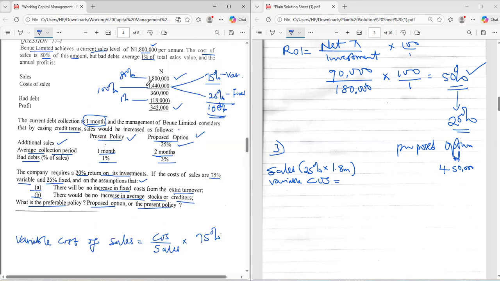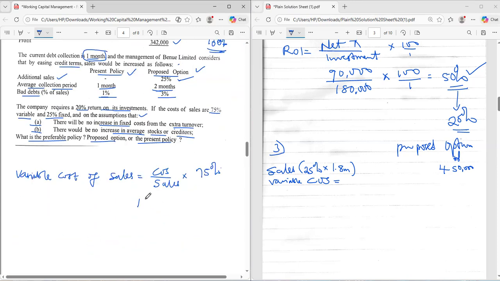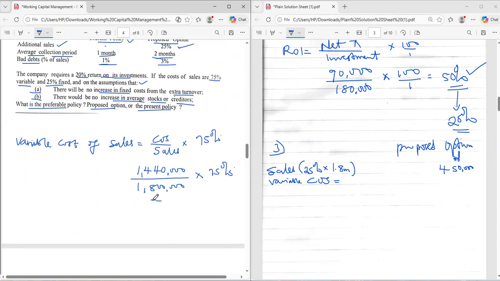Cost of sales is 1440, so we express cost of sales as a percentage of sales: 1440 divided by sales, which is 1.8 million, times 75%. Or if this is not clear, you are saying 75% of your cost of sales, 1440, because this 1440 has variable and fixed inside. So take out the variable component.